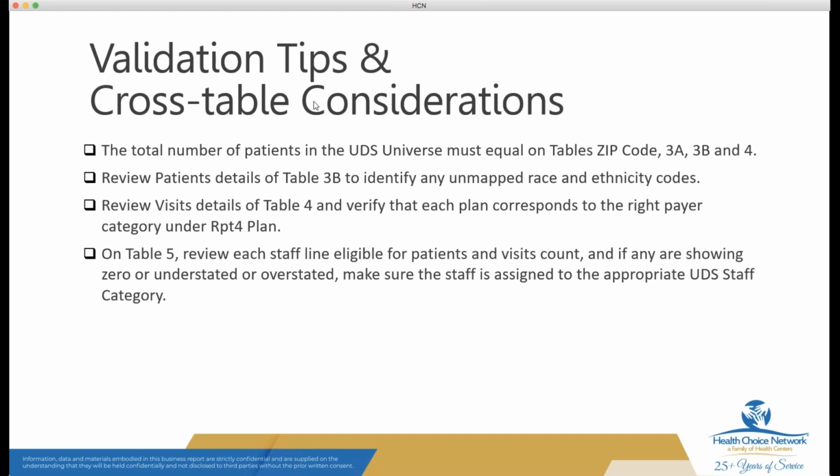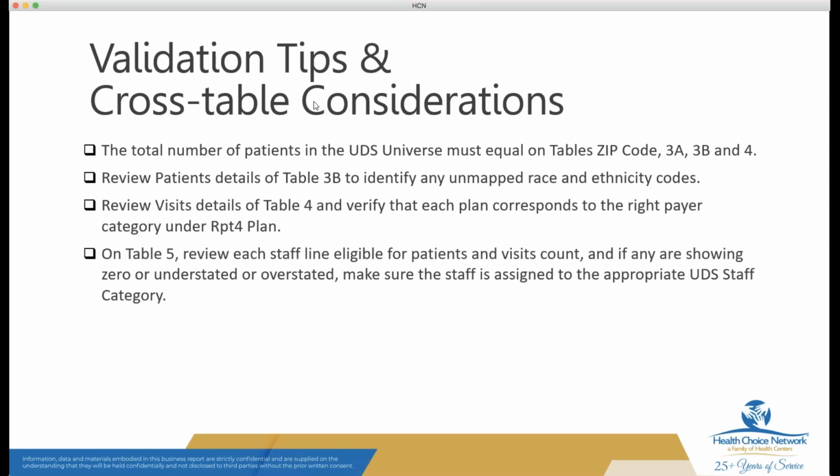So here is a list of what I would call cross-table considerations, and I find that this is just good information to know, especially when you're using the PA dashboard report to populate the UDS submission in the EHB.